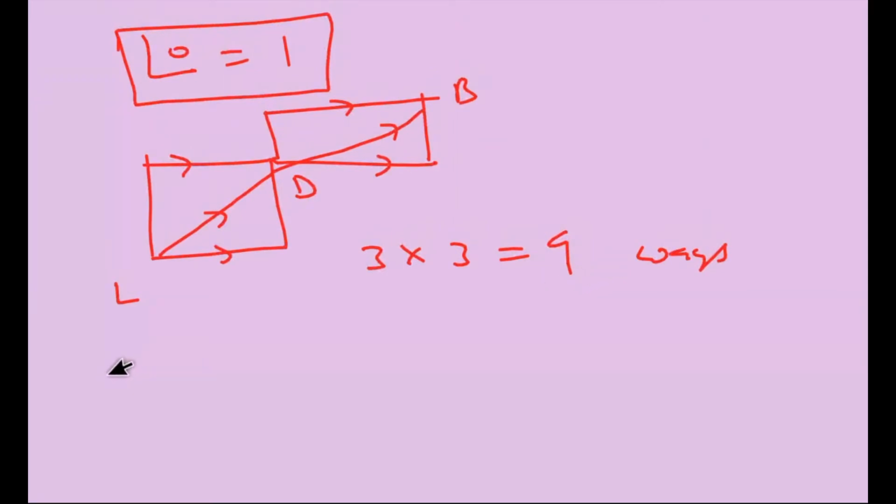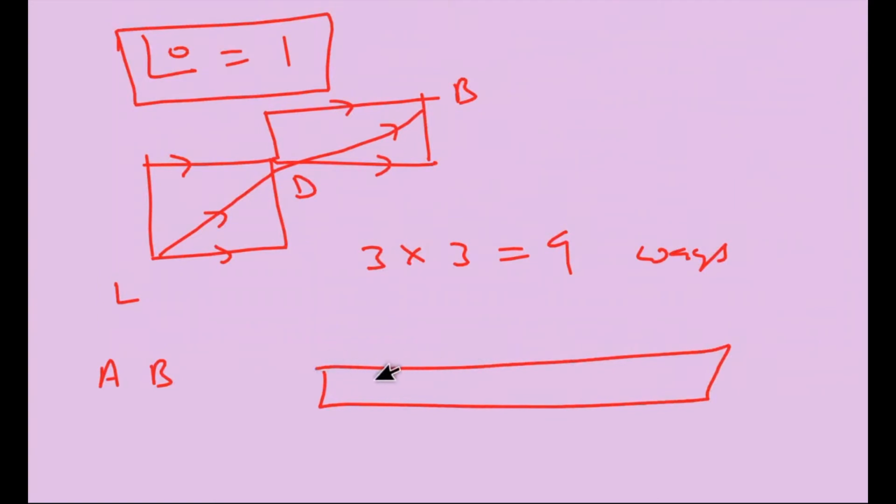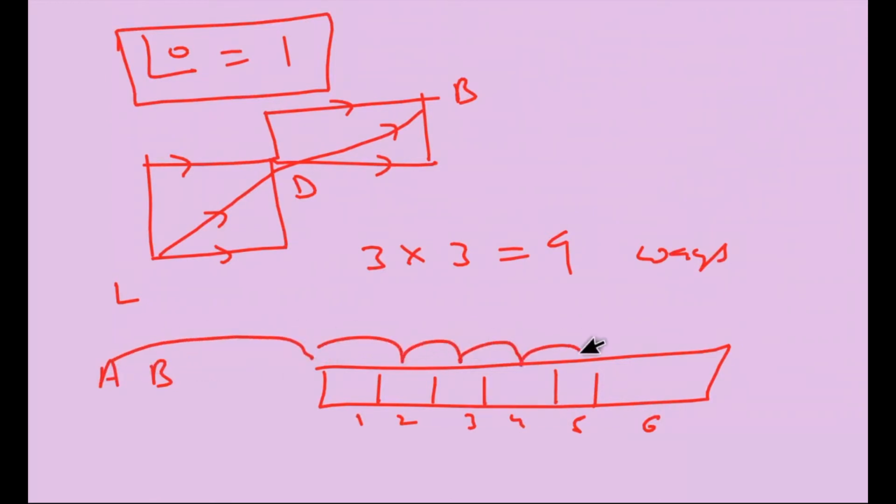Let there be two persons A and B and they want to sit here. Here are 6 places: 1, 2, 3, 4, 5 and this one is 6. So A can occupy anywhere. How many ways? 6 ways. Okay.